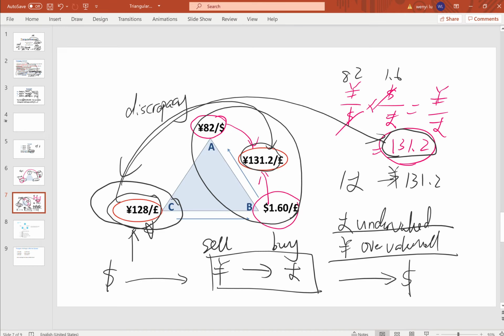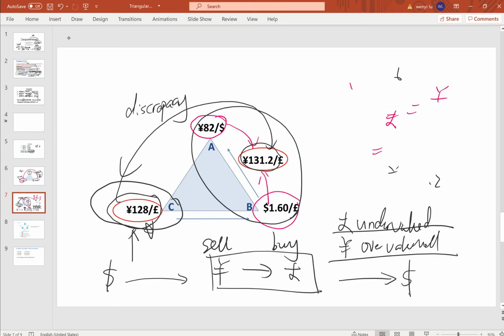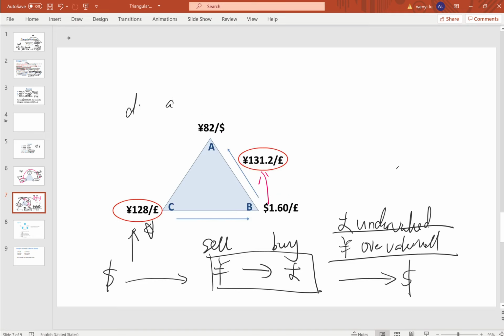So now you can see what's the step we should follow. So we're starting from the dollars. That's something different from the videos, right? We're starting from dollars. So first we sell the dollar to buy Japanese yen. That's this one. Then we sell the yen to buy what?